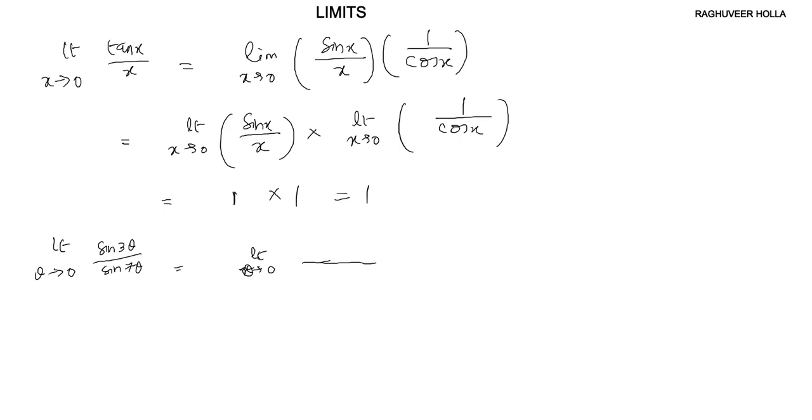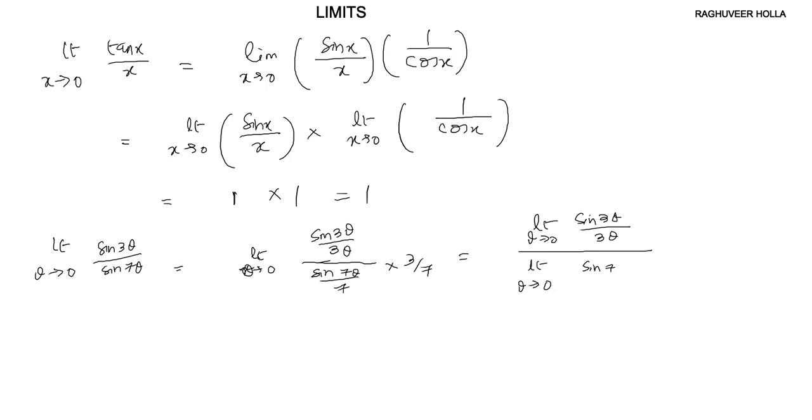I'll multiply and divide by 3 theta and 7 theta, so this would be sin 3 theta/3 theta, and divided by sin 7 theta/7 theta, multiplied by 3/7. This results in limit theta tends to 0 of (sin 3 theta/3 theta) divided by limit theta tends to 0 of (sin 7 theta/7 theta), multiplied by 3/7.